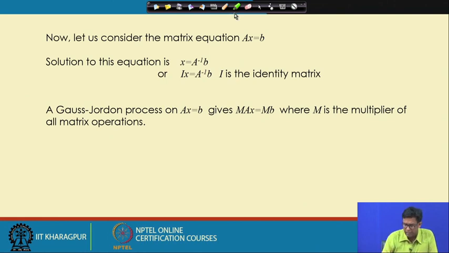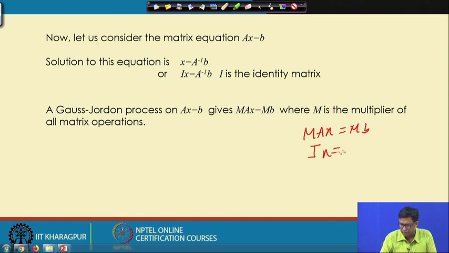Or from here we can write MAx = Mb. Now, MAx directly gives us the solution. Therefore, this is equivalent to Ix = A inverse b.